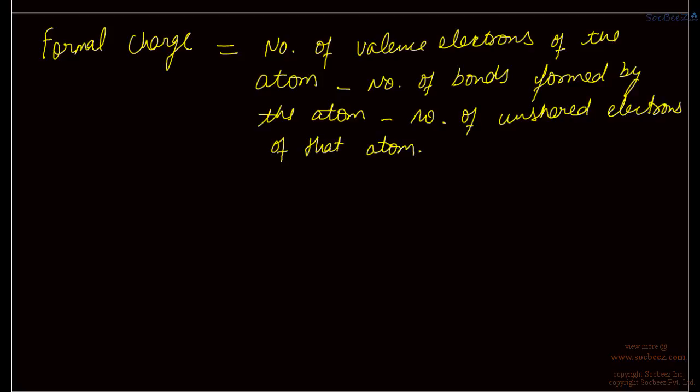So based on this formula, you may be asked to calculate the formal charge of all the atoms in NO3. So let's draw the structure of NO3 and then let's try to calculate the formal charge of NO3.